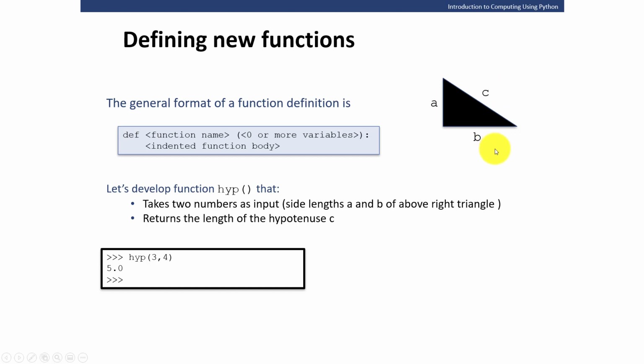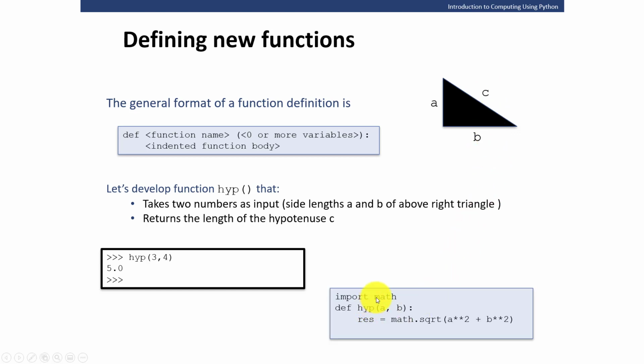The value of c, I can compute using math, okay? So I can do import math, and the result equals math.sqrt of the height and the base, each to the power of 2 and the sum of them, and after that I return the result.